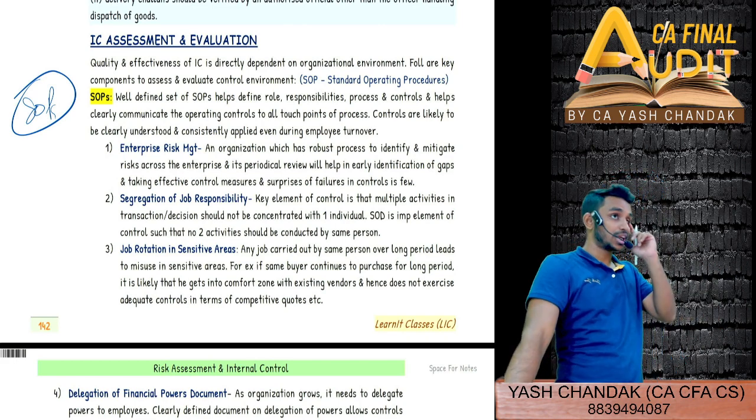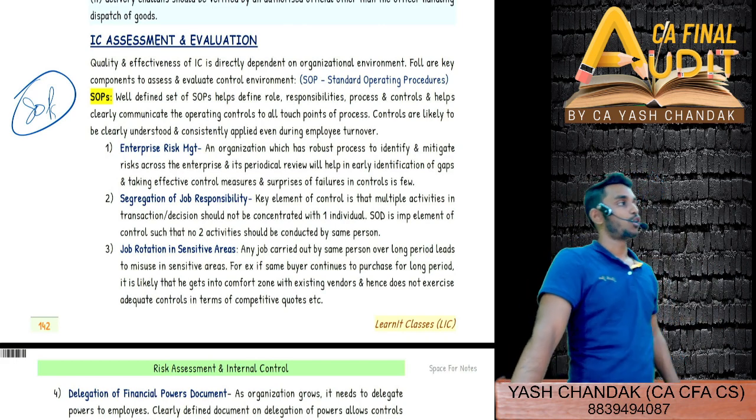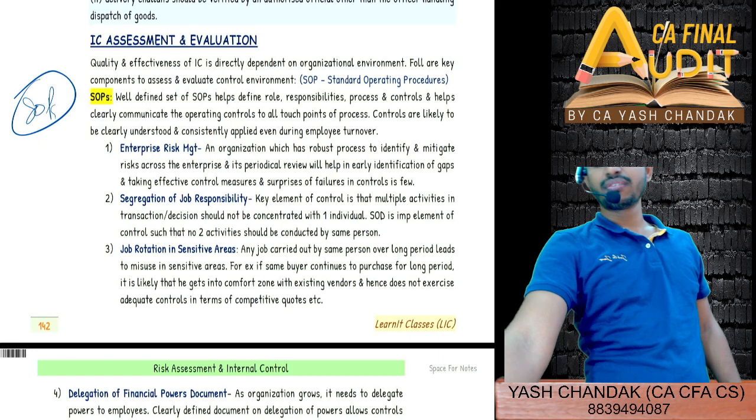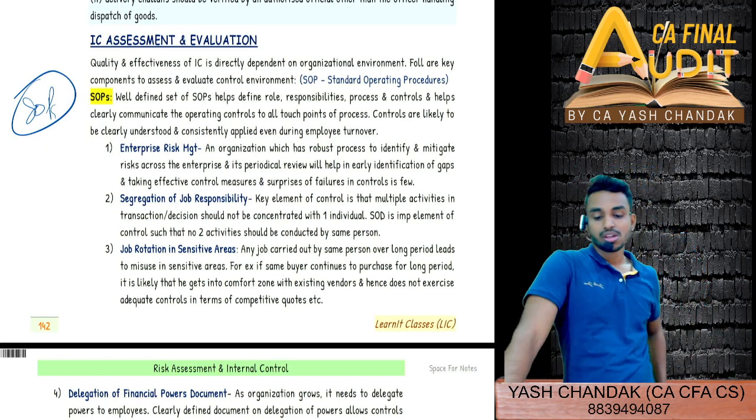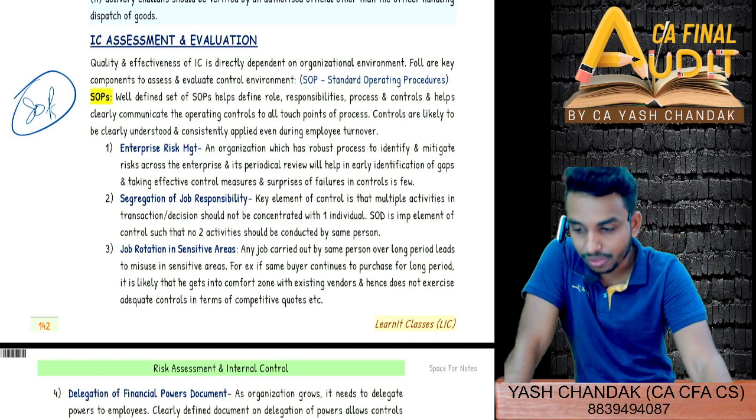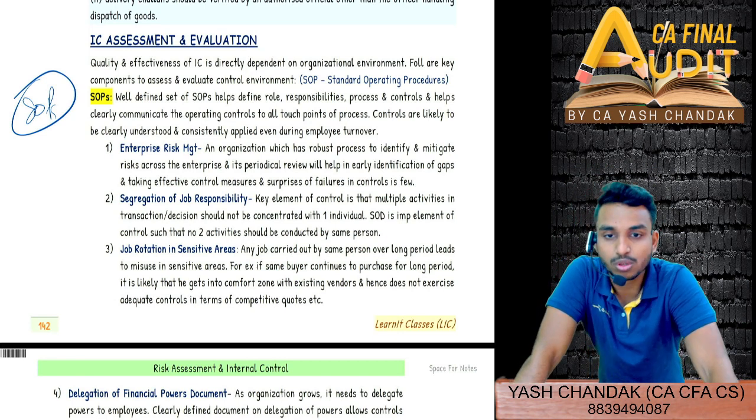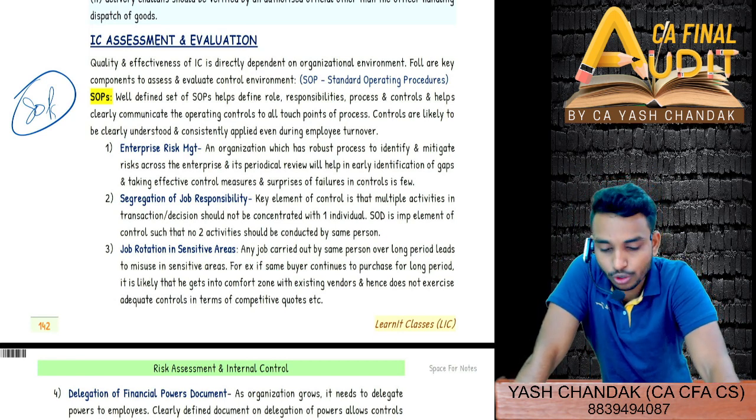It's nothing but a way that has to be followed for smoothing of your entire work in the organization. So standard operating procedures are procedures which have been given to you so that the operations carry out smoothly.